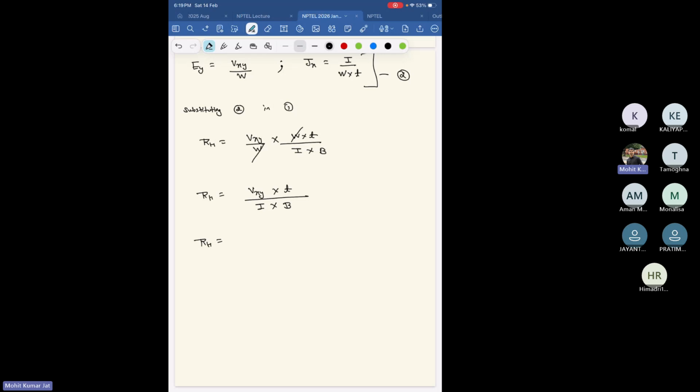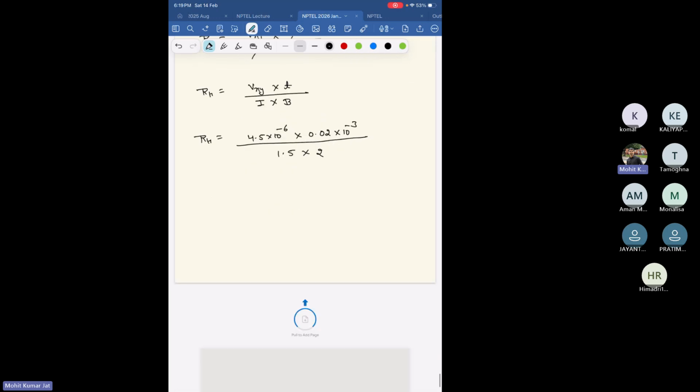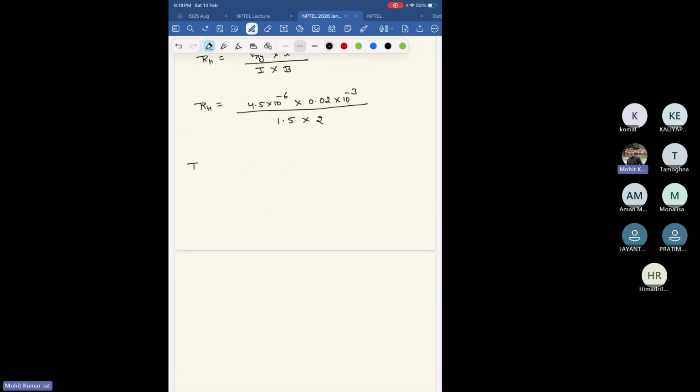Let's just substitute all the values. Vxy given value is 4.5 microvolt. So 4.5 into 10 power minus 6. Thickness is 0.02 mm. So mm we convert into meter by multiplying 10 power minus 3. Current is 1.5 ampere and magnetic field is 2 Tesla. And if you do the calculation, what you will get is roughly around 0.3 into 10 power minus 10 meter cube per coulomb.